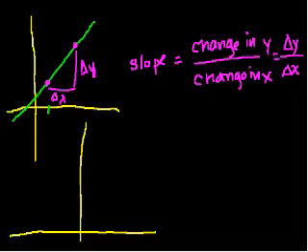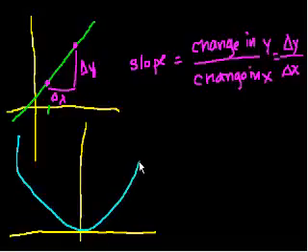It looks something like this. It's a curve, and you're probably pretty familiar with it by now. What is the slope of this curve? What does it mean to take the slope of a curve?